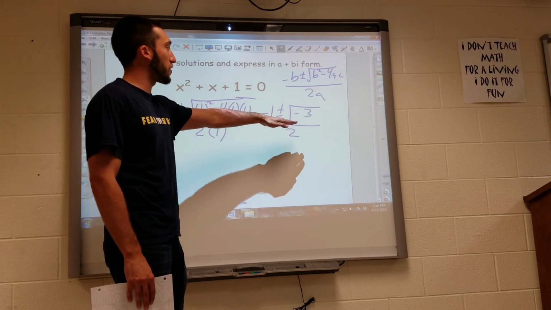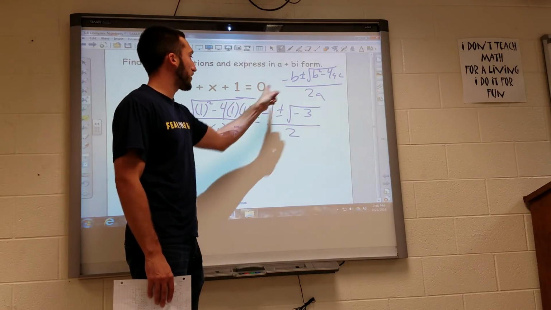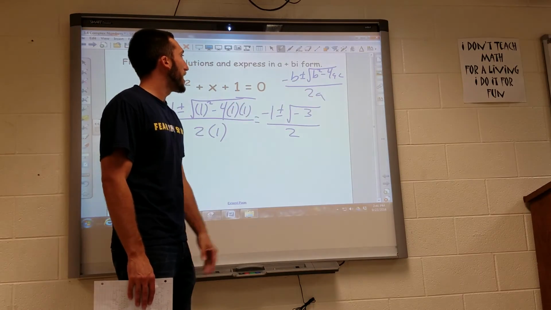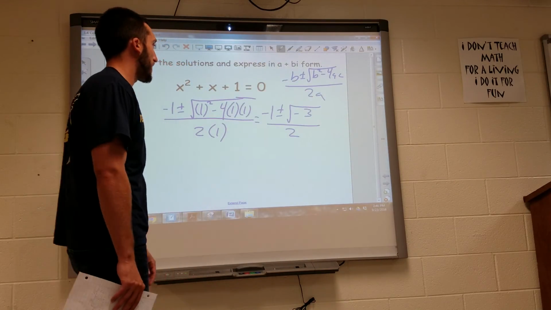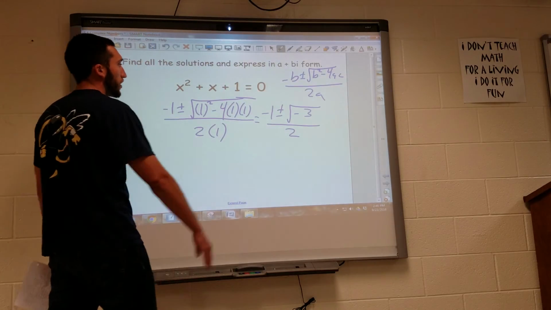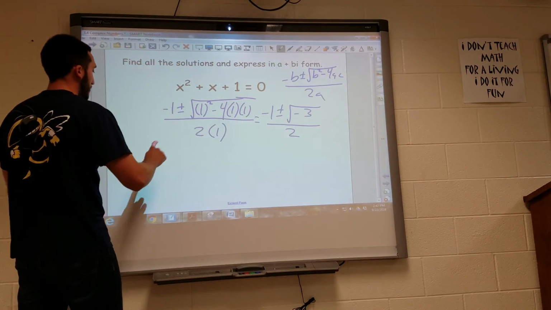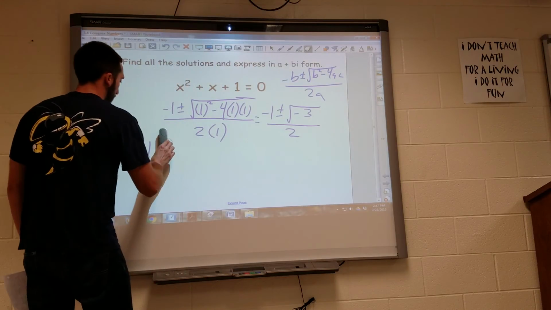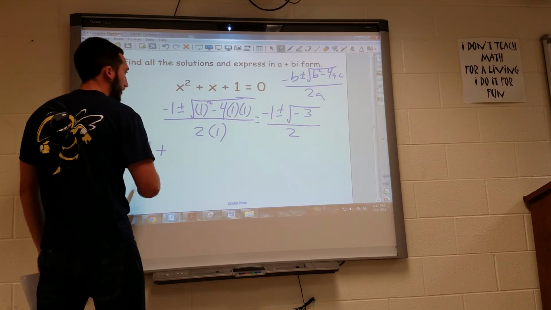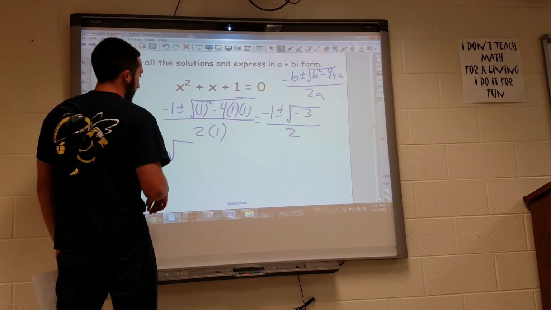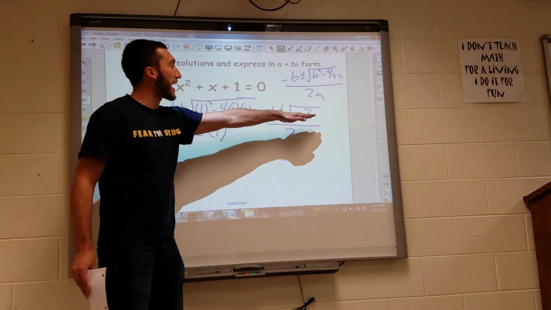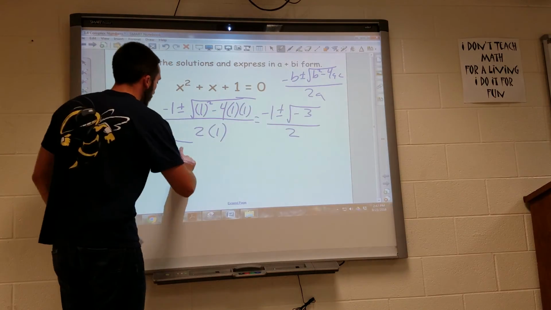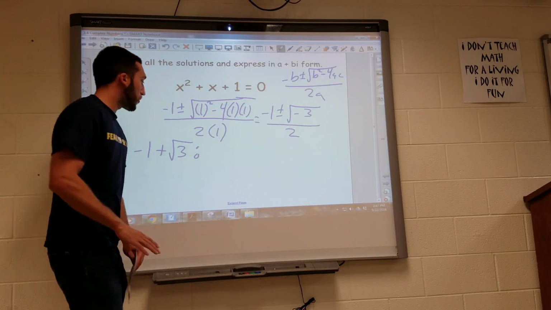But that is why it is important that we get this complex number here and that we write it in a plus bi form. So now that I've got this here, that would leave me with negative 1, I want to break it up into plus radical. And then since it's a negative under the radical, I can pull the negative out by pulling an i out.